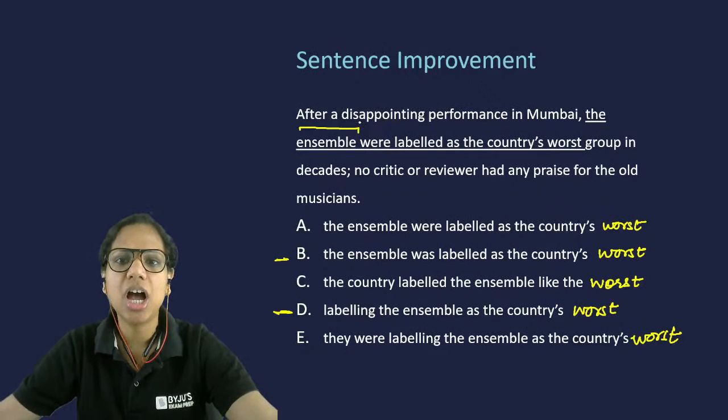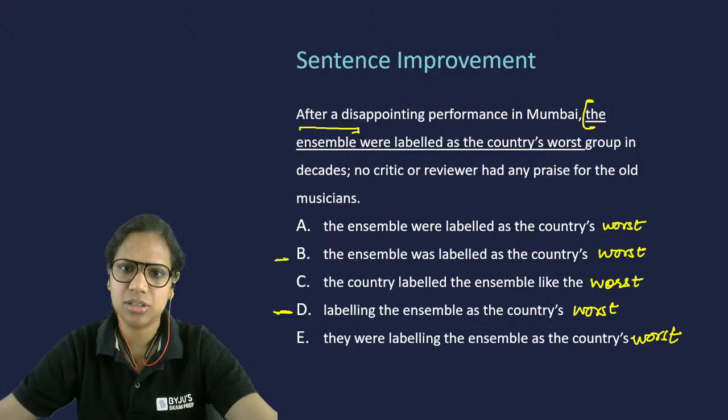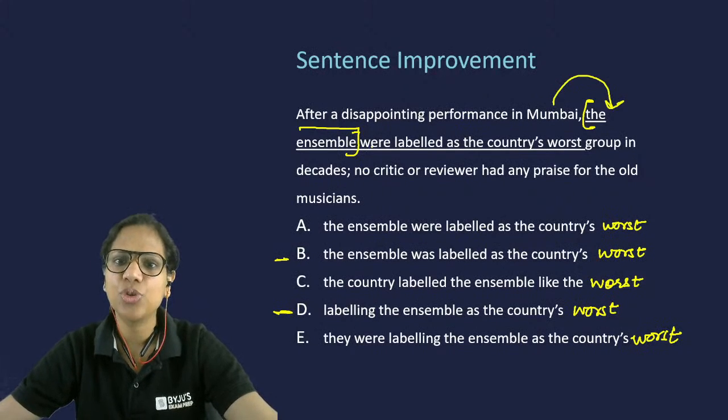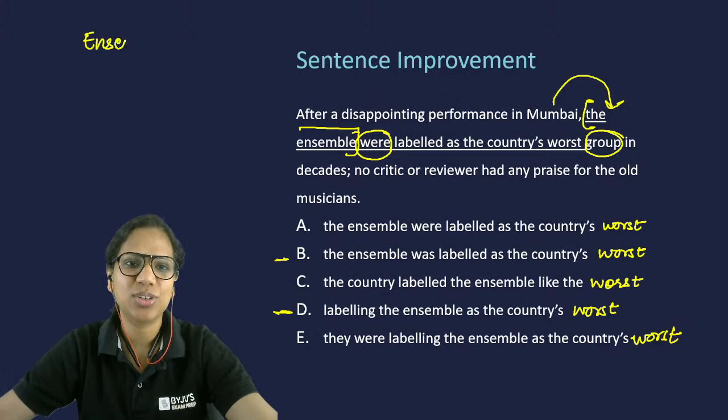Let's have a look. After a disappointing performance in Mumbai, now whose performance was disappointing? The ensemble's. So the ensemble should come here after this phrase. After a disappointing performance in Mumbai, the ensemble were or was labeled as the country's worst group. So it's basically a collective noun. Ensemble is a collective noun.